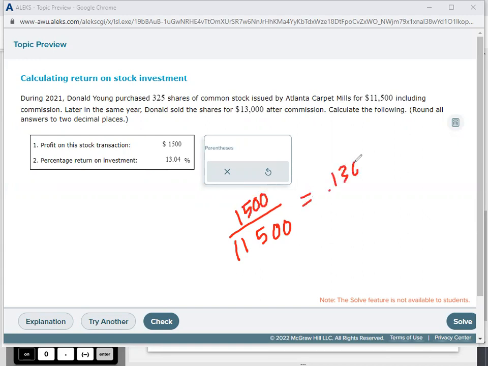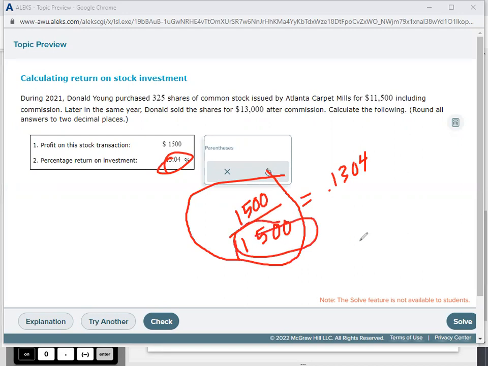And that's 0.1304 or 13.04%. And again, that just goes back to things we've seen in this class in the past. You want to know the percentage of something? Divide by or compare with the original amount or the starting amount. Okay.